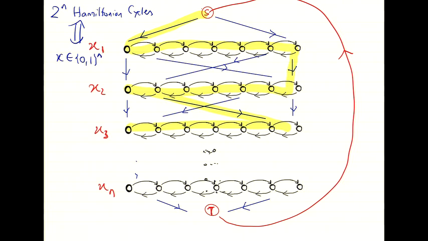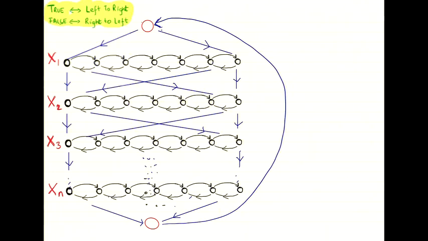So far we haven't added any clauses in. We just figured out how to map the variables so that we get this. Now we need to add the clauses, the constraints. This is our graph right now, and we want to add clauses. Again, the intended meaning is true is left to right, and false is right to left.